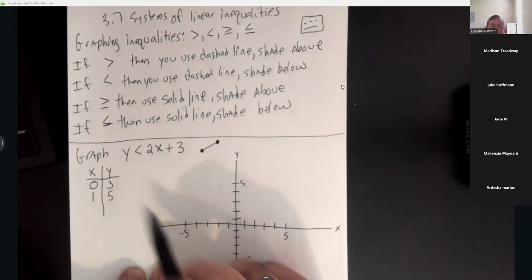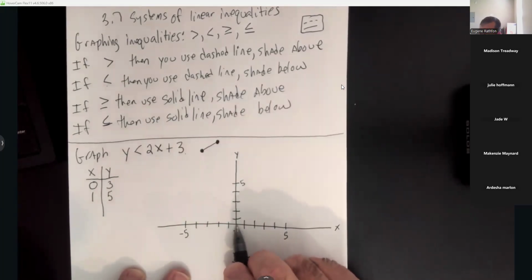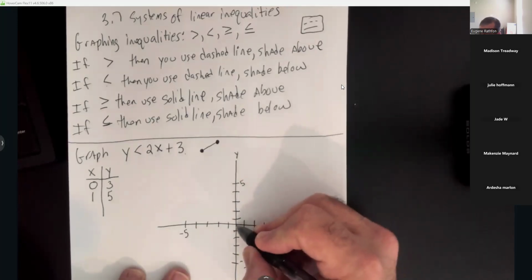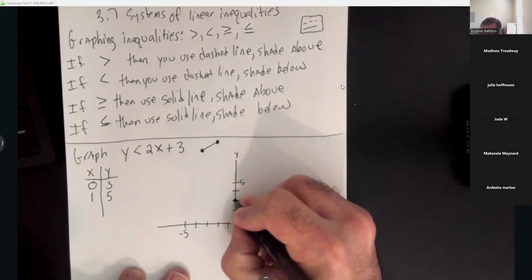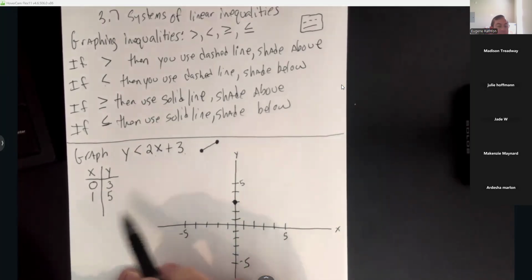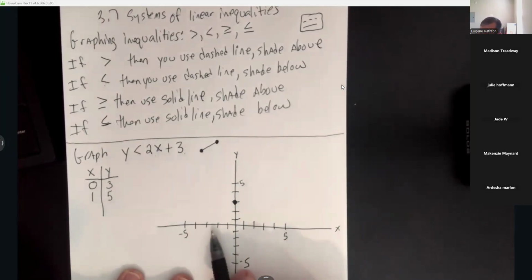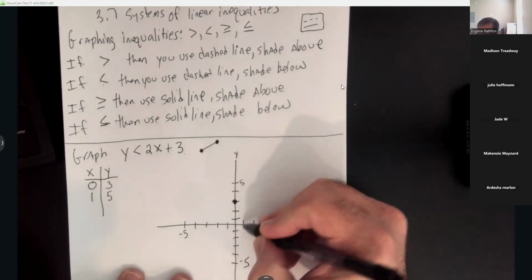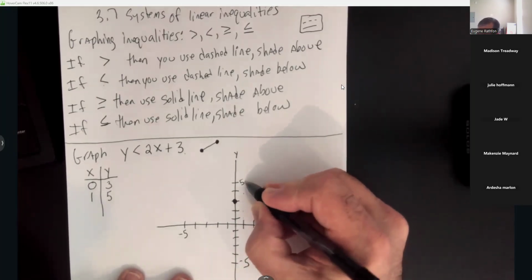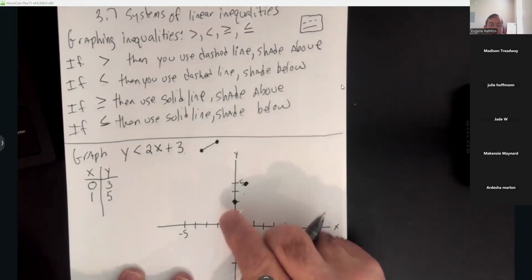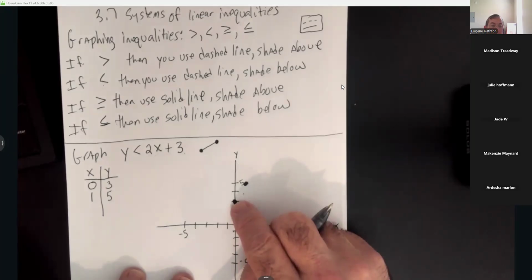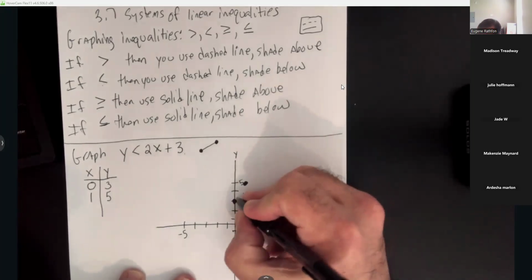So there's my first point at 0, 3. So 0 on the x's and up 3 on the y value puts my first point right here. My second point is 1, 5. So y'all would go right 1 and up 5. All right, so I got my 2 points for my line. So now I'm going to draw a dashed line.